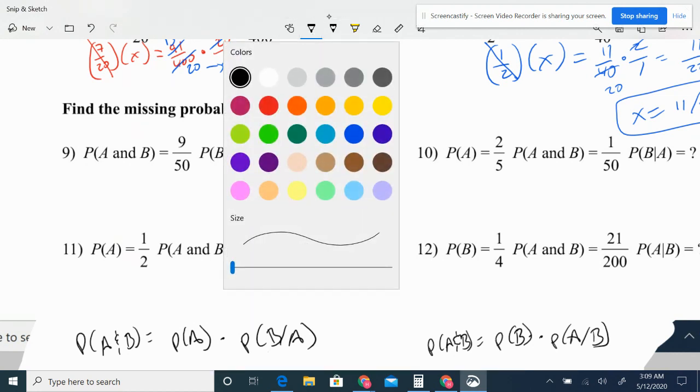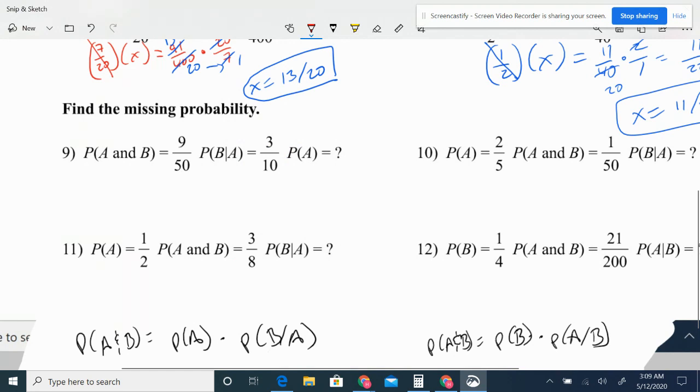The way I'm going to do this, I'm going to say probability of A and B, so that's 9/50, is equal to probability of A. I don't know what probability of A is. The probability of B given A is 3/10. The way I'm going to get the X by itself, I'm going to divide by 3/10, which is basically saying multiplied by 10/3.